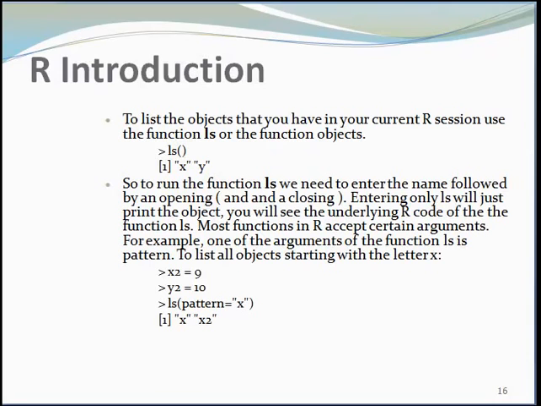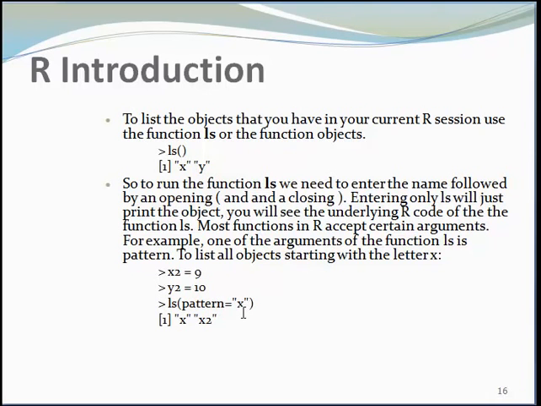Now to get a list of all the objects that you have used in your current R session, you type the function ls and the open bracket, then you will get the names of all the objects that you have used in your current session. And to list all the objects starting with the letter x, you have to type ls in the bracket pattern equal to x.